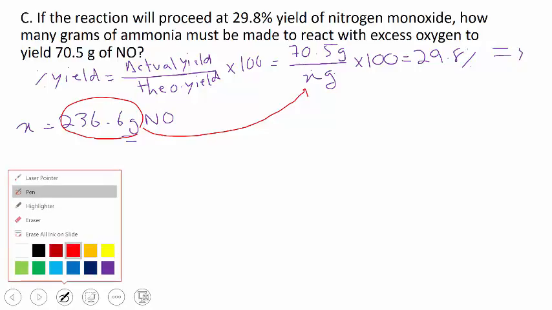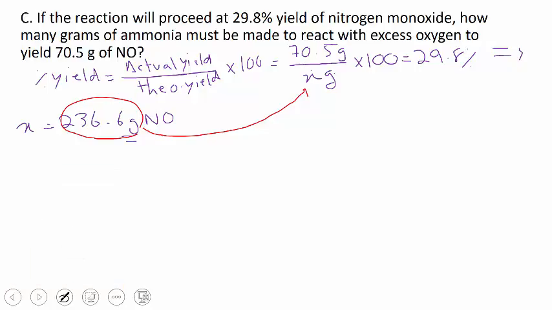Now, the question is that if you want 236.6 grams of nitrogen monoxide, how many grams of ammonia must be made to react with it? So from the mass of nitrogen monoxide that we just found, we want to find mass of ammonia.